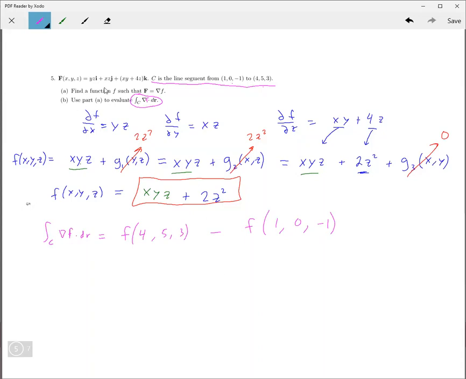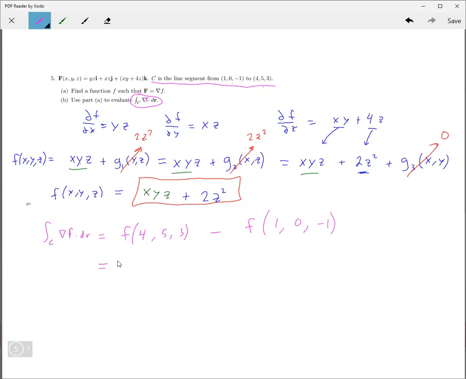Usually when you do line integrals, it matters what path you take, because we've done other exercises and you have to do this all out. But it's just in this special case where what you're integrating is the gradient of some function. Then you find that function, and then you can just use this.